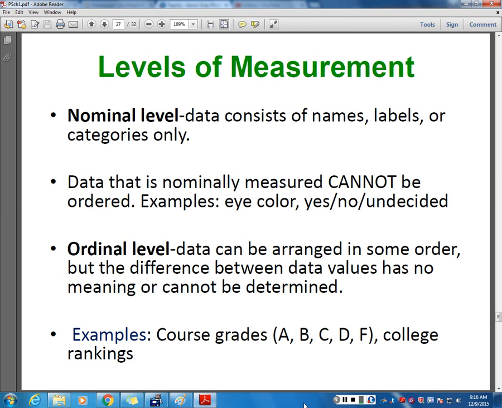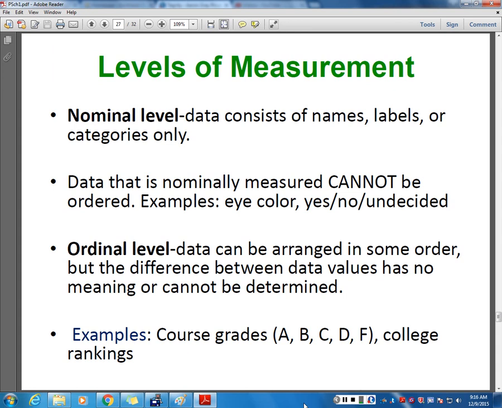College rankings is another example. You often read publications that rank colleges. Well, those rankings have an order, but the difference between those rankings, for example, School 1 and School 3, can't really be determined because the rankings are determined subjectively.